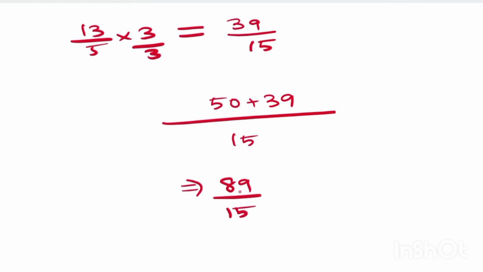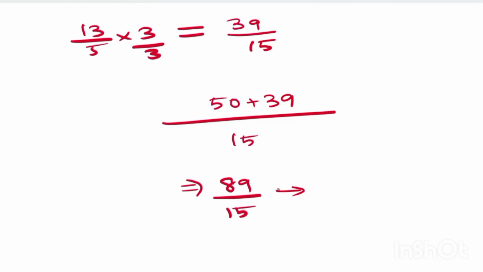Since the question was given in mixed fractions, it is necessary that you convert this improper fraction into a mixed fraction. Okay, if you get the question as a mixed fraction, you must convert the improper fraction into a mixed fraction in the last step. So when you are converting, what is 89 divided by 15?